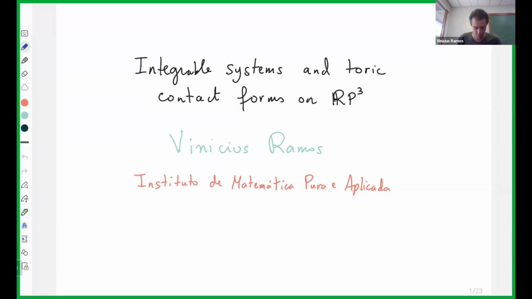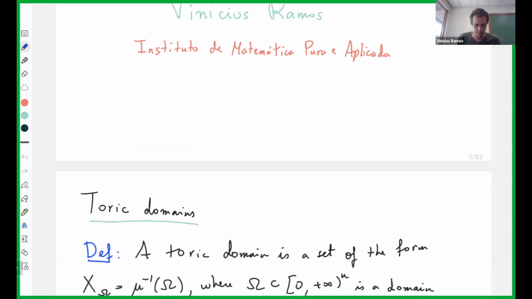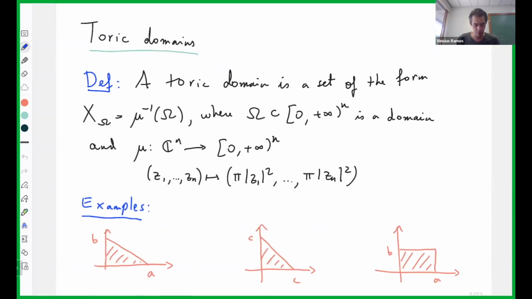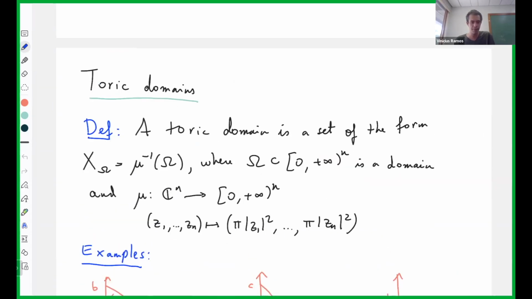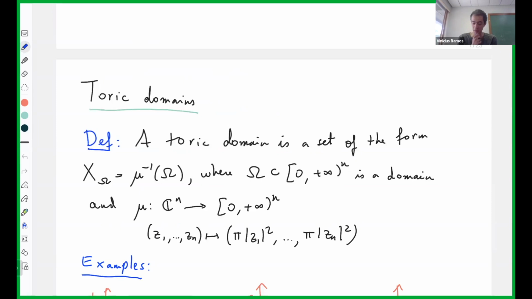Okay, so I want to start by reminding you of what a toric domain is, since it's a very important object in this talk. For me in this talk, a toric domain is the pre-image of some set in the first orthant of Rn by the standard moment map.